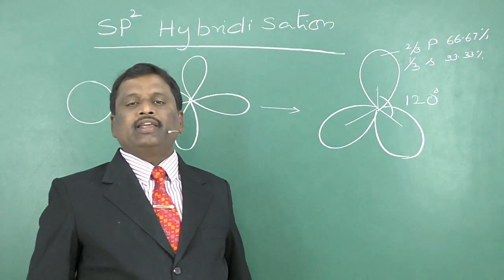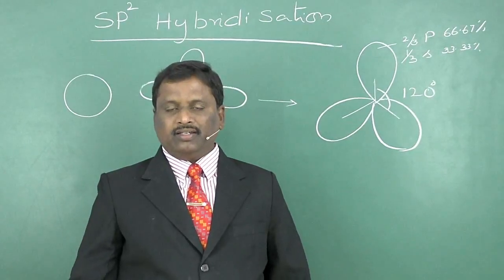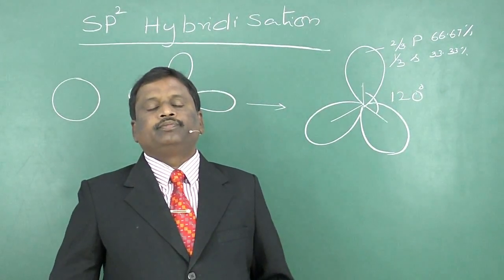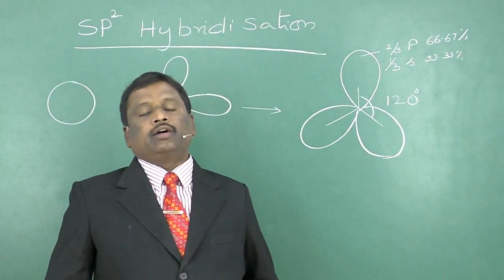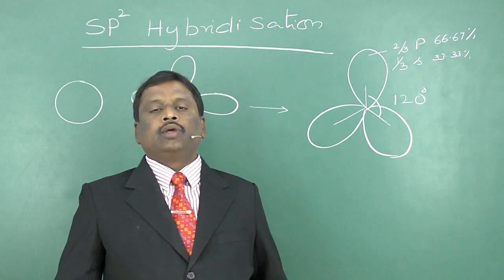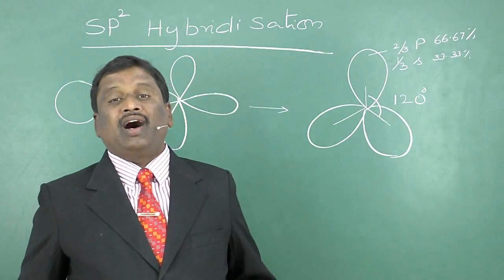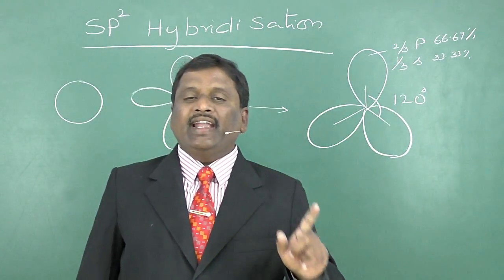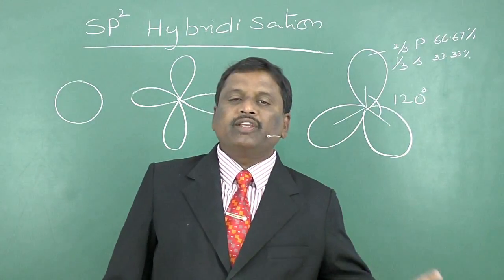Once again, Sp2 hybridization means one s orbital and two p orbitals of an atom mixed together or hybridized together to form three identical hybrid orbitals.